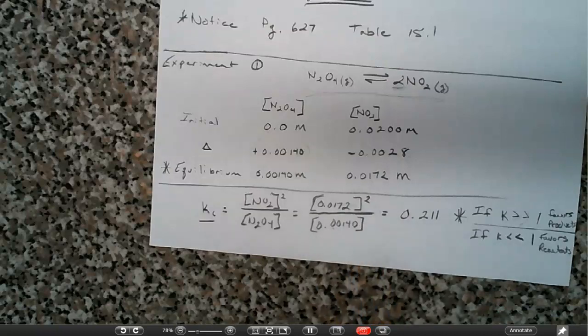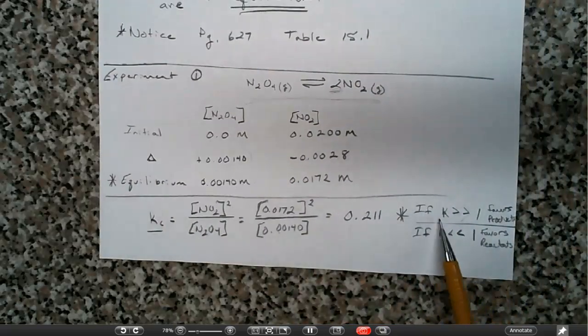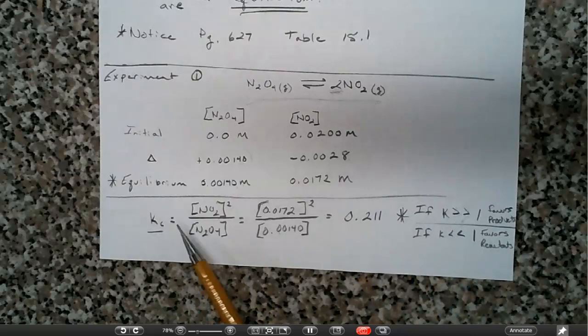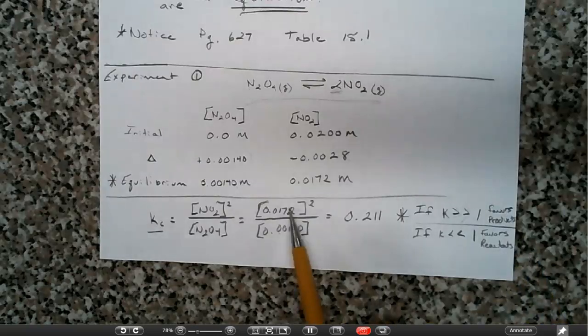So try this, so that you can see the relationship between the concentrations and the constant. All right, kids, last little bit of information before I let you go. It says here, if K, the equilibrium constant, is greater than 1, then that means the products are favored. And it is completely mathematical.